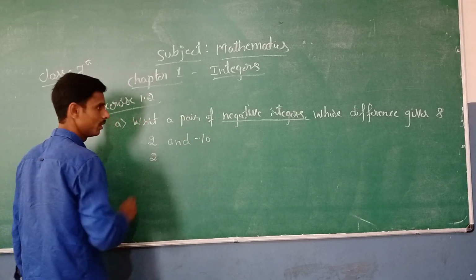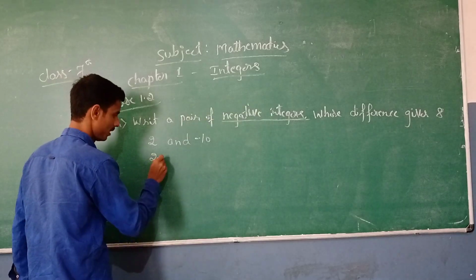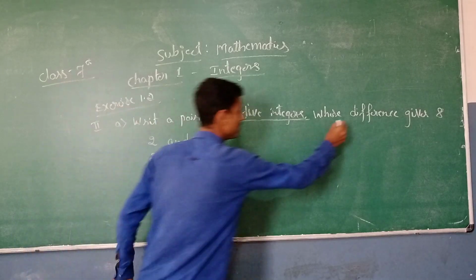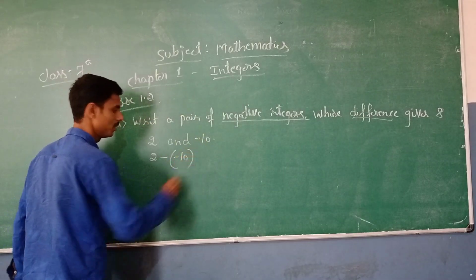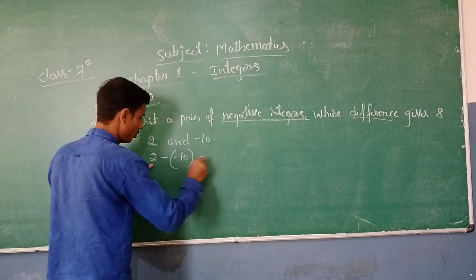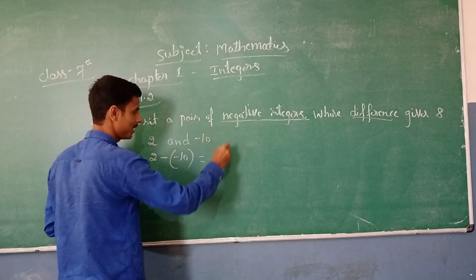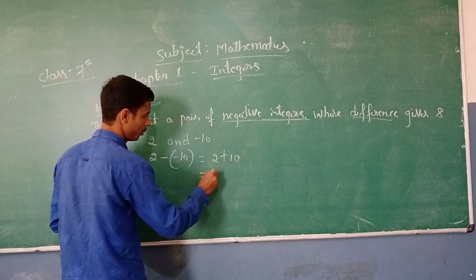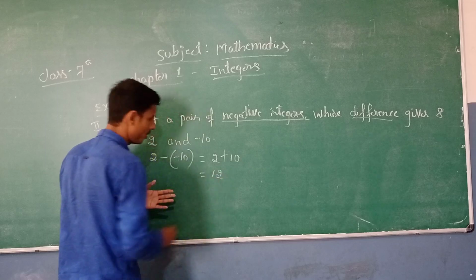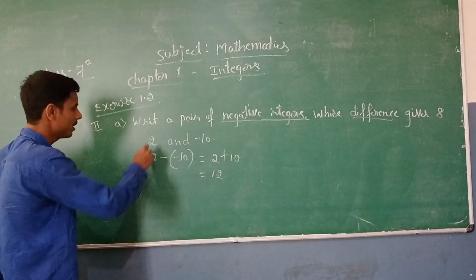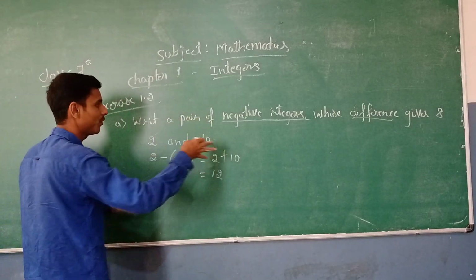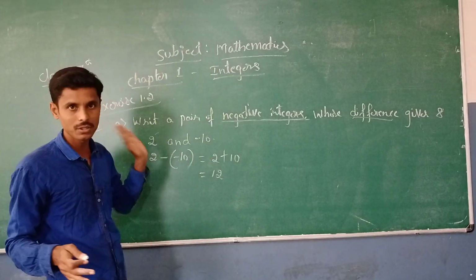So 2, difference means minus, minus of minus 10. So 2 we can write as it is, minus of minus is plus 10. 2 plus 10 is 12. We should get 8, but we get 12. So therefore this 2 and minus 10 difference will not become 8.